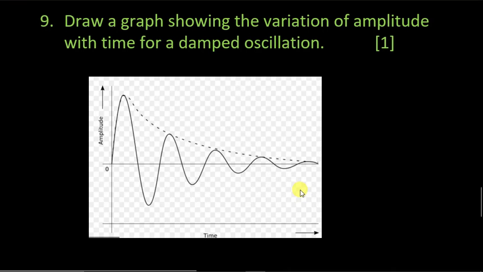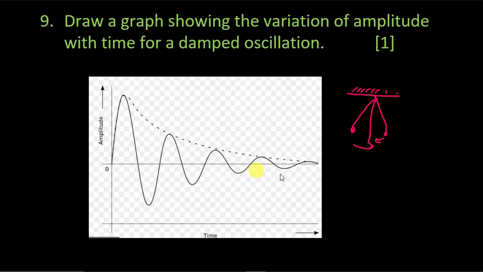Now next question is, draw a graph showing the variation of amplitude with time for a damped oscillation. Damped oscillation is like a pendulum vibrating; after some time its amplitude decreases and finally it comes to rest, because a damping force acts on it.